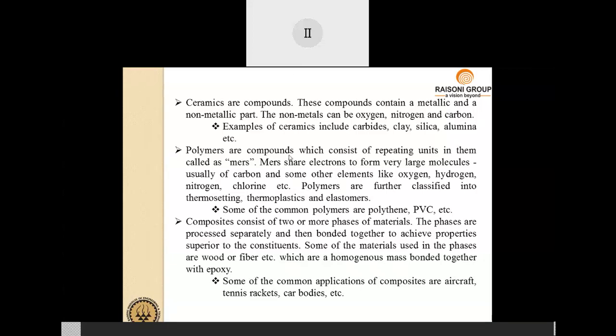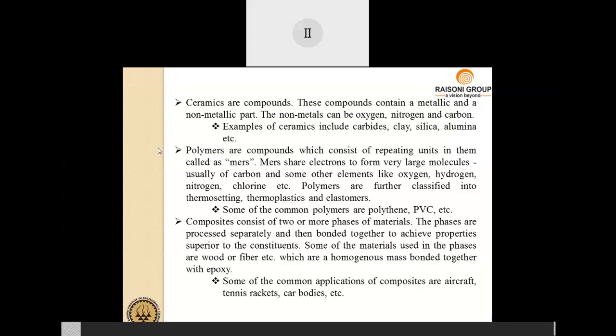These are just a gist of all this. What are ceramics? Ceramics are mainly compounds, and this compound contains a metallic and a non-metallic part.